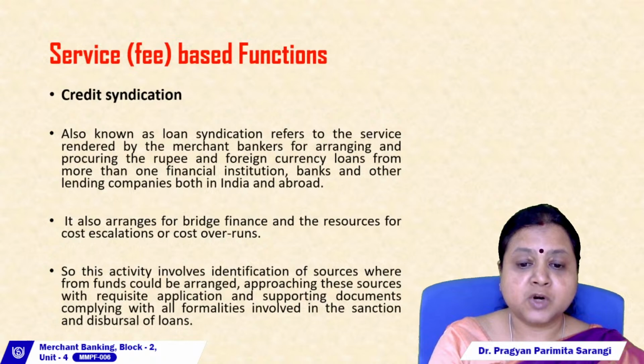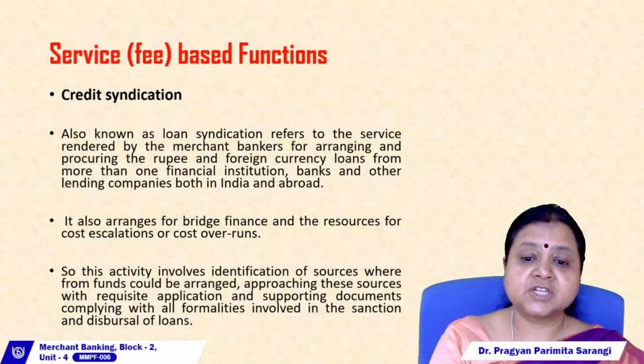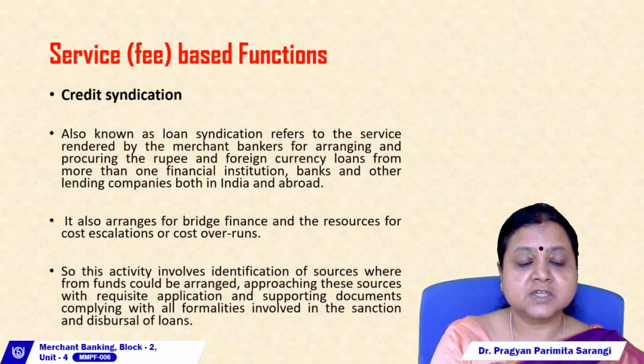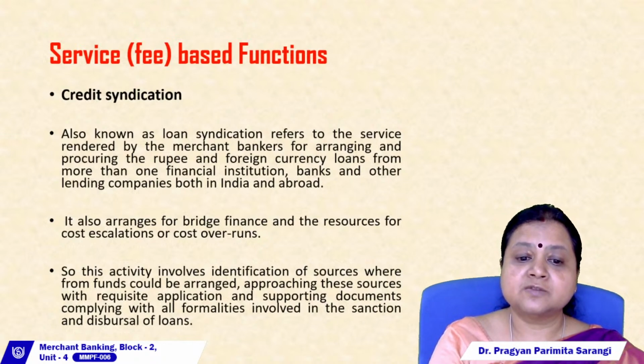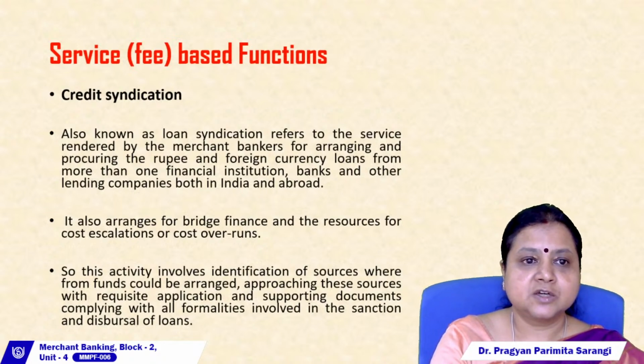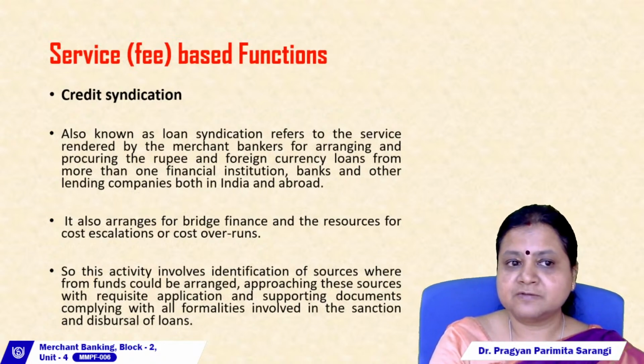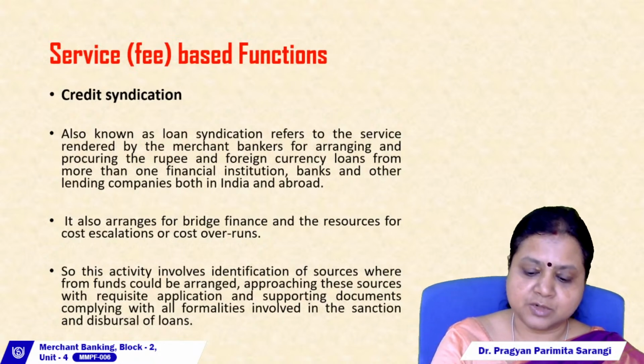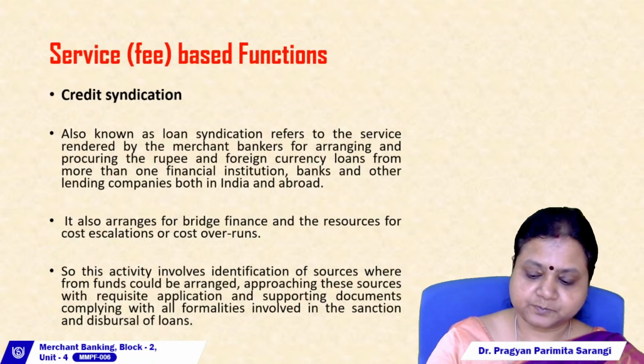That means identifying the different banks who will be lending funds to the client, approaching these sources, negotiating with the appropriate supporting documents and complying with all the formalities, and ultimately the loans will be sanctioned and disbursed to the client. So that is the process of credit syndication, or loan syndication.